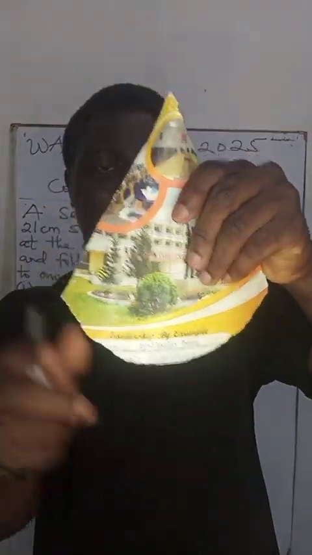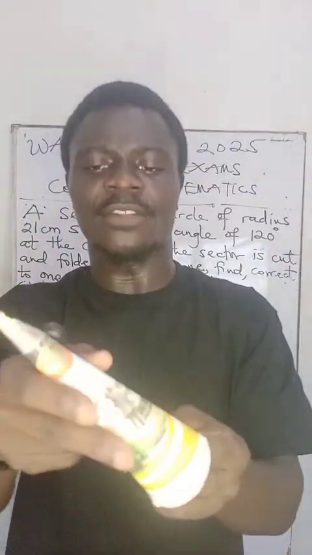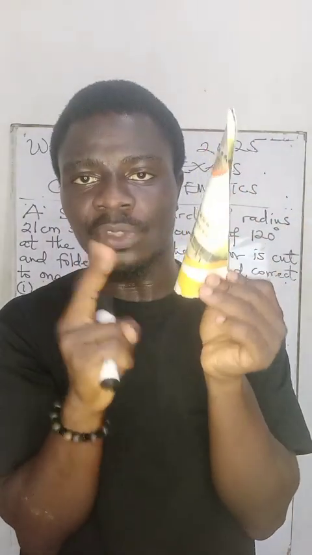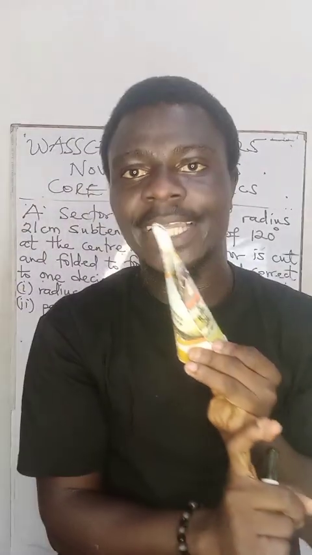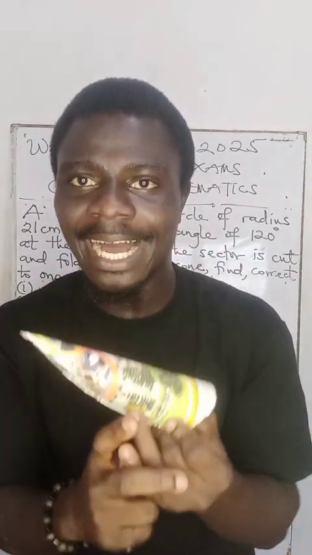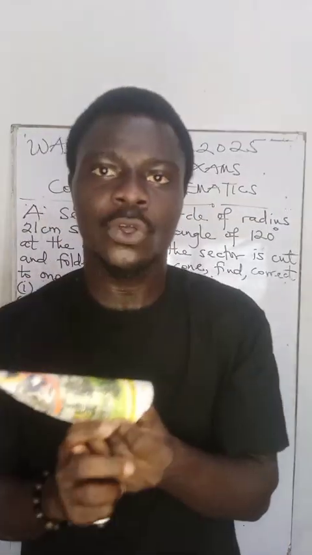And now, the length of the minor arc will tend to be the circumference of the base of the cone. So take note, we have two things to note here. One, the two radii will coincide, meaning they will meet, and they will form the slant height of the cone.